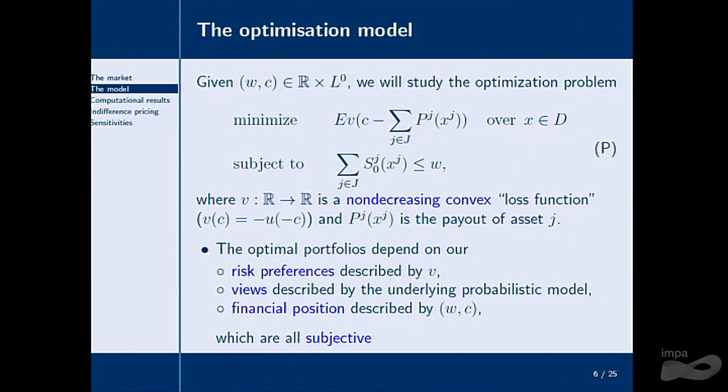It's some non-decreasing convex function that describes the agent's risk preferences. And again, very subjective things depend on our model for the random variables under which the expectation is computed. It depends on our loss function V, and on our financial position encoded by W and C.